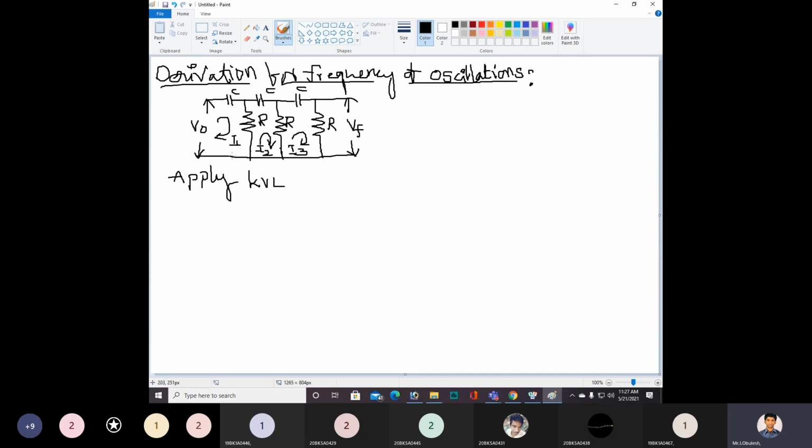Assume that these are loop 1, loop 2, loop 3. Apply KVL to the various loops, starting with the first loop for I1.